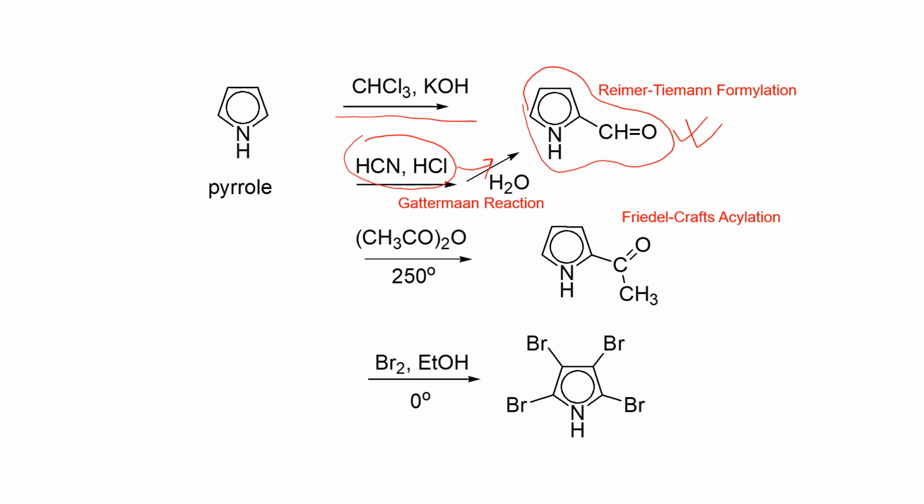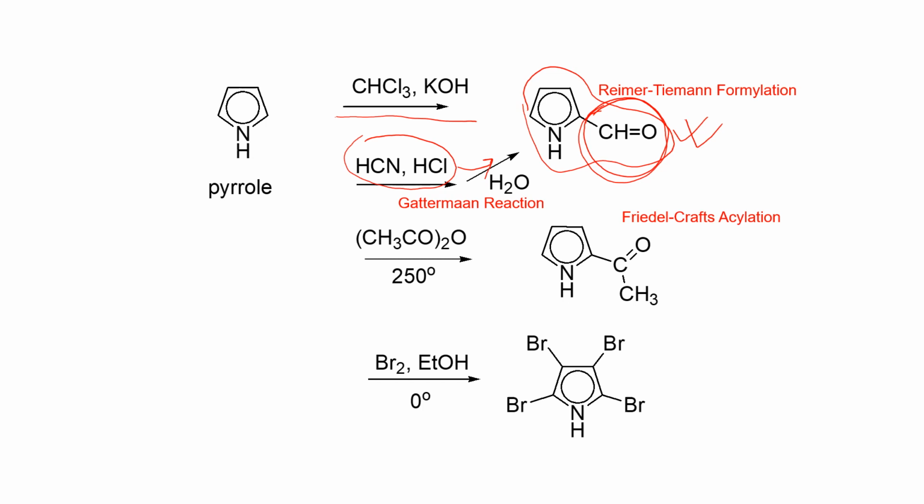In both cases, when this aldehyde group is substituted in the aromatic ring or pyrrole, because pyrrole is also an aromatic ring, this group attacks as an electrophile. This is also one kind of electrophilic substitution reaction.